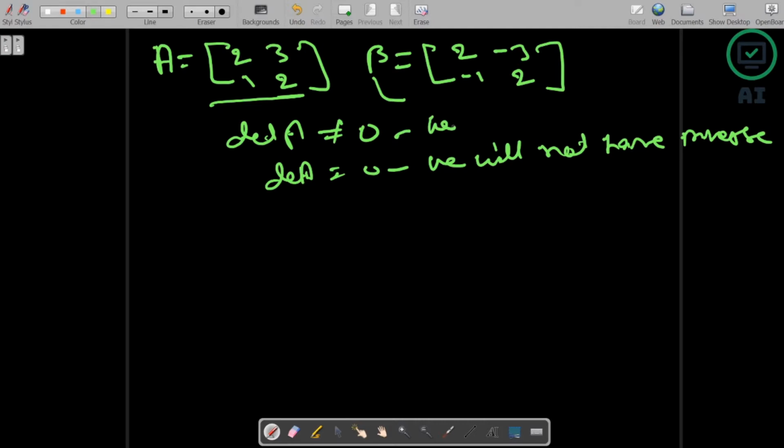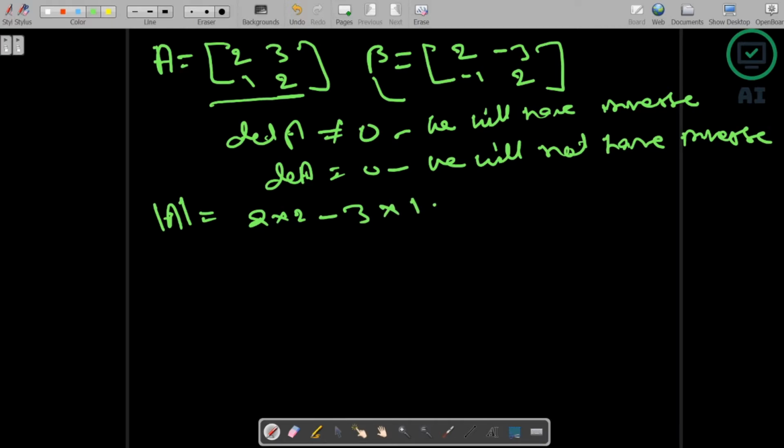Here we will have an inverse. So what is the determinant of A? 2 cross 2 minus 3 cross 1, which is nothing but 4 minus 3, which is 1. This is not equal to 0. That means we will have an inverse of A.